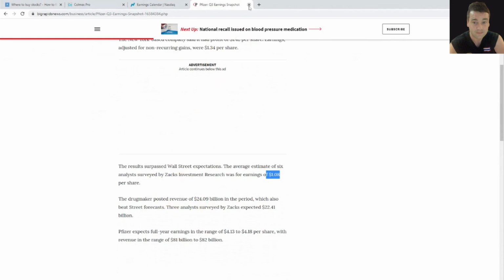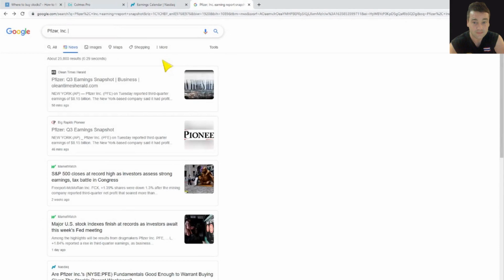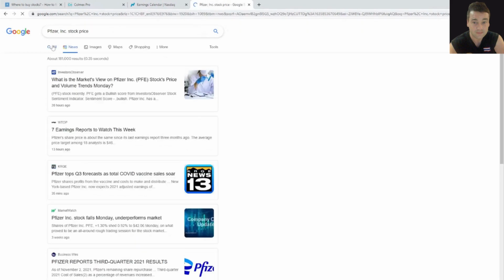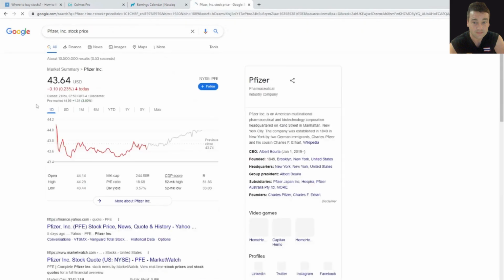So this is the stock we're going to use, and also you want to look for pre-market, okay, to see how it is doing on pre-market. So you just put in Pfizer stock price, and you come here to Google, and you can easily see a chart. You can see here pre-market is up 3%, or up $1.31.